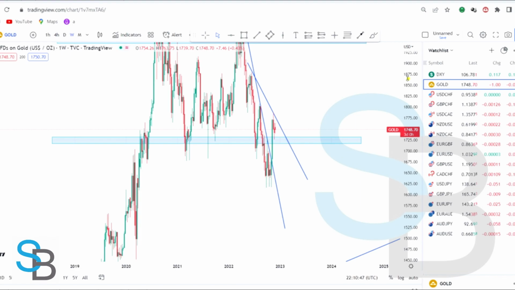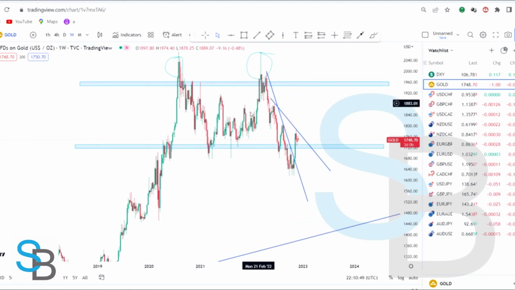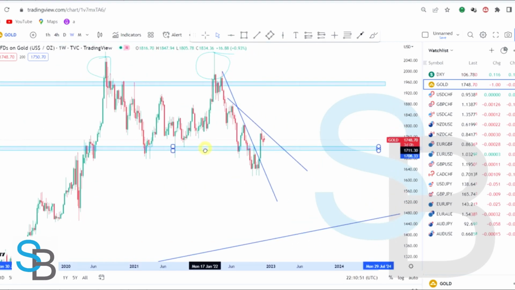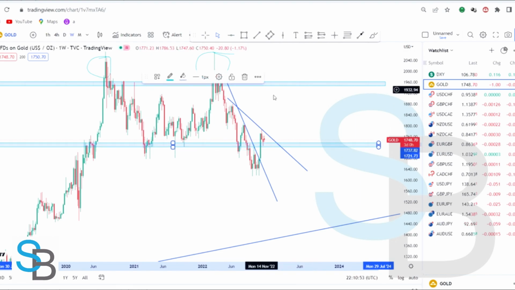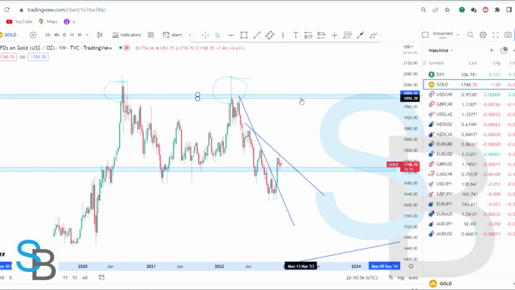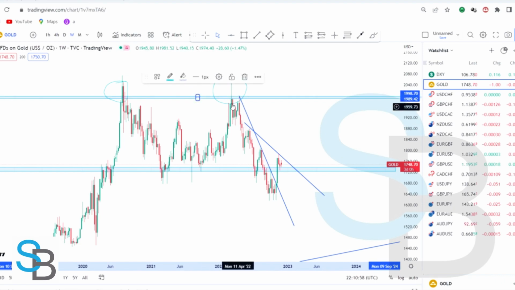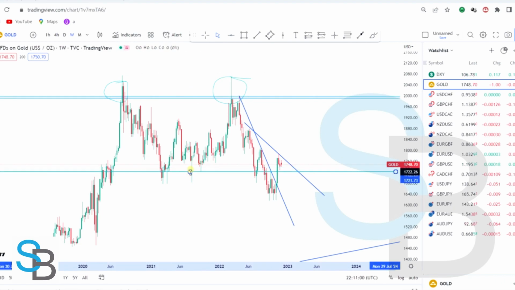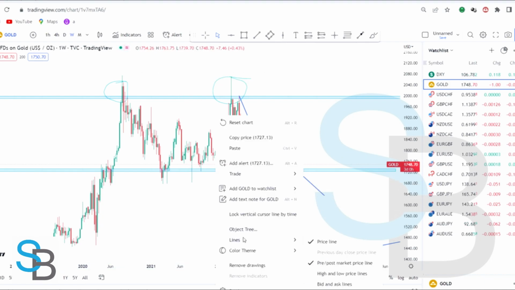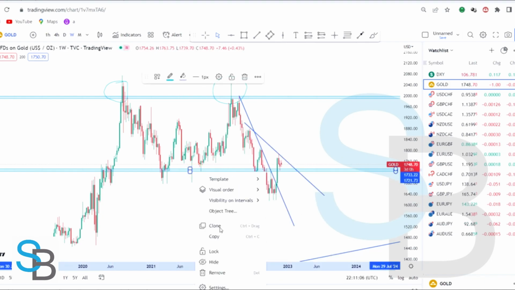And if I just highlight my important levels, like this level and this level, just keep highlighting them. Let me just reduce the sizes a bit for the meantime. So let me clone this level.